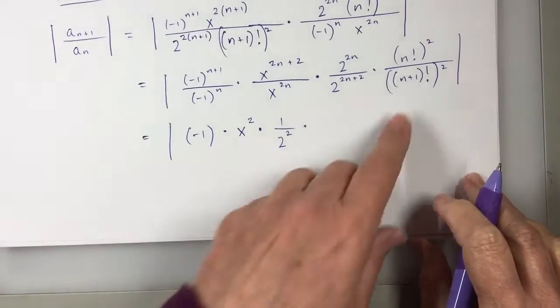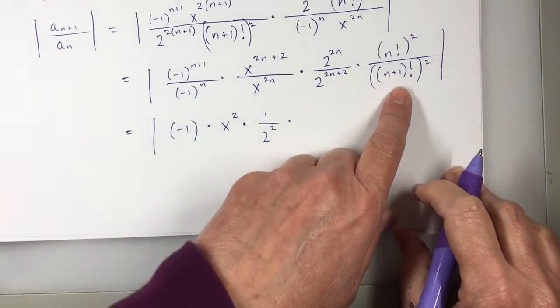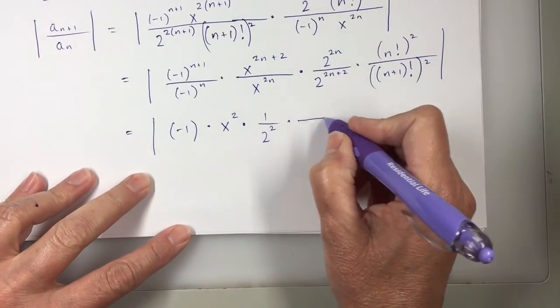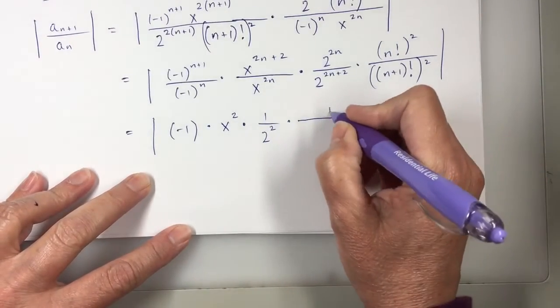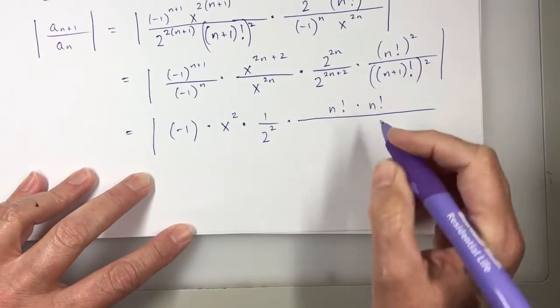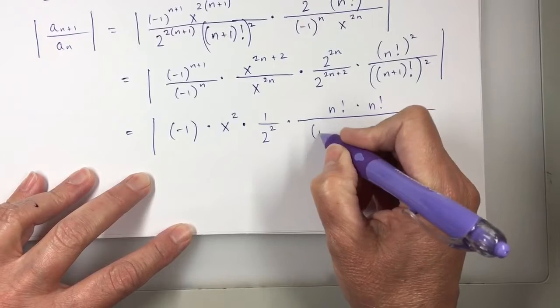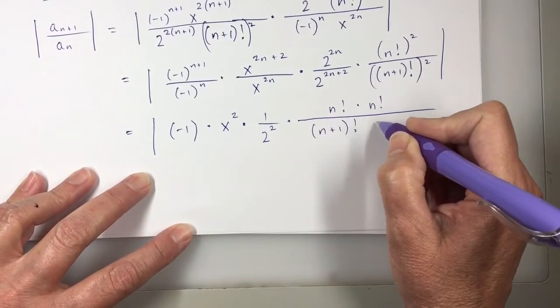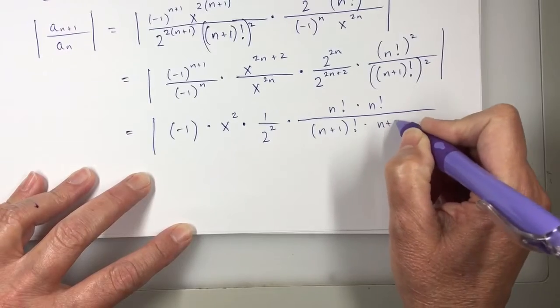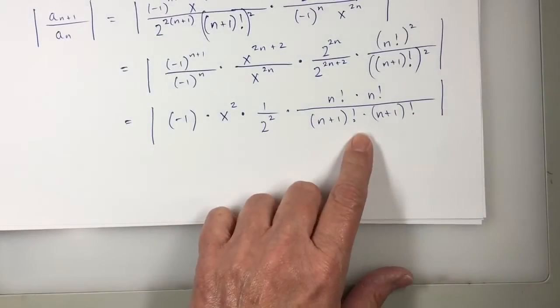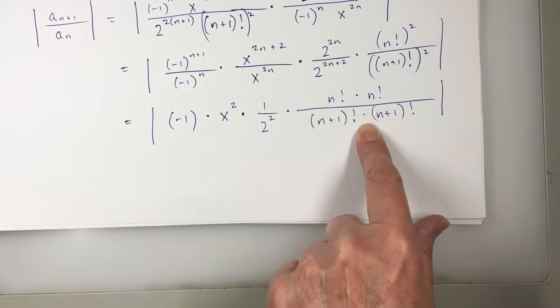And then this part, I might write out a few of these. This looks a little like, you know what this is? This is n factorial times n factorial. Oh, that helps a lot. And the bottom is n plus 1 factorial times n plus 1 factorial. I hadn't thought of that till just a second ago.